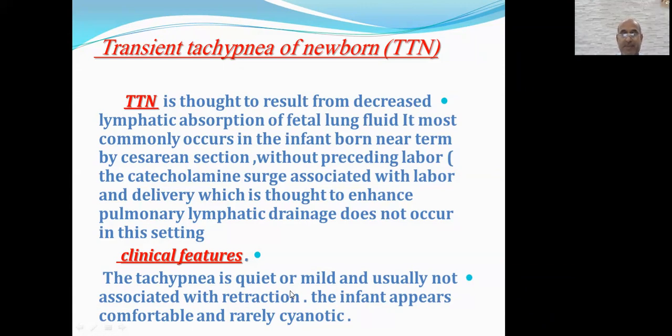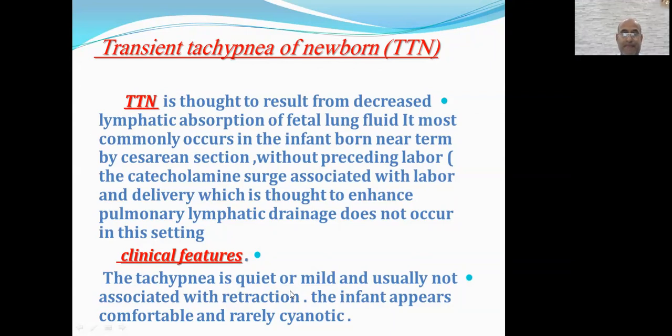Both of them have such a problem because the infant does not pass through the birth canal and is not exposed to the squeeze of the birth canal that helps to get out the fluid and secretion inside the lung passages.